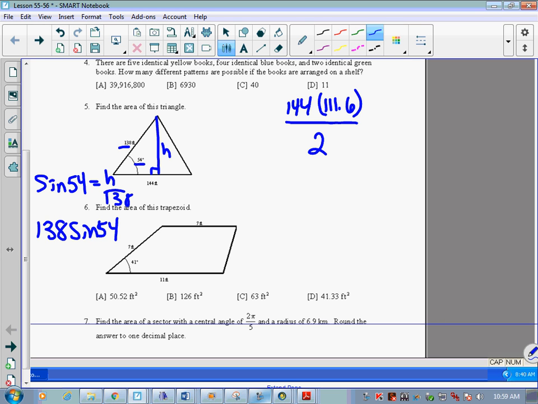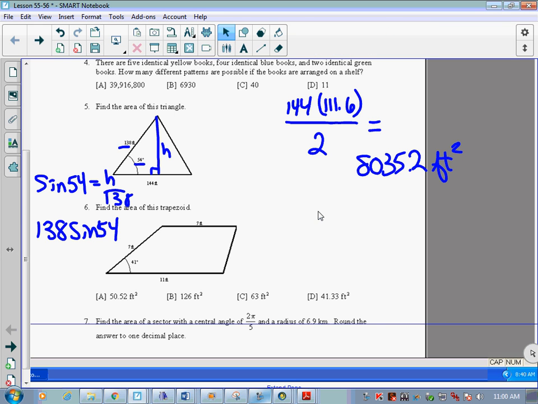So we're going to take 144 times 111.6, divide it by 2, and again, take that to the nearest tenth. 0.2, and we are in feet squared, right? Because we're area. Okay, not too bad. All right, let's clear that up.